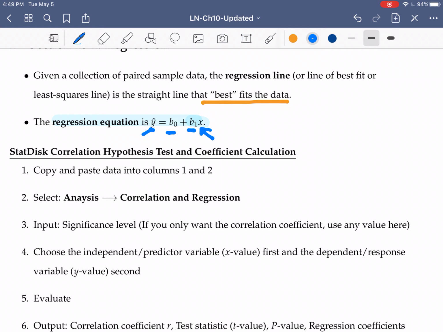And y hat is a predicted y value, a response y. It is not an actual value of y from this equation, but a predicted value of y based on some particular value of x. We'll see that in an example in a minute.